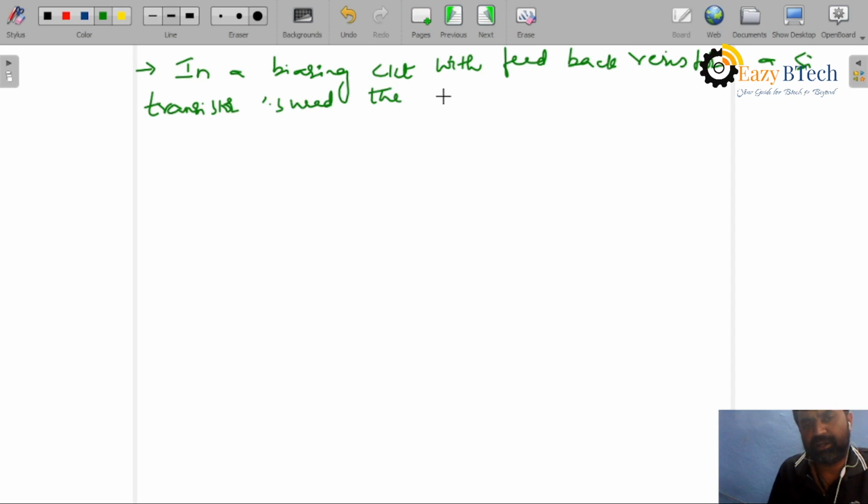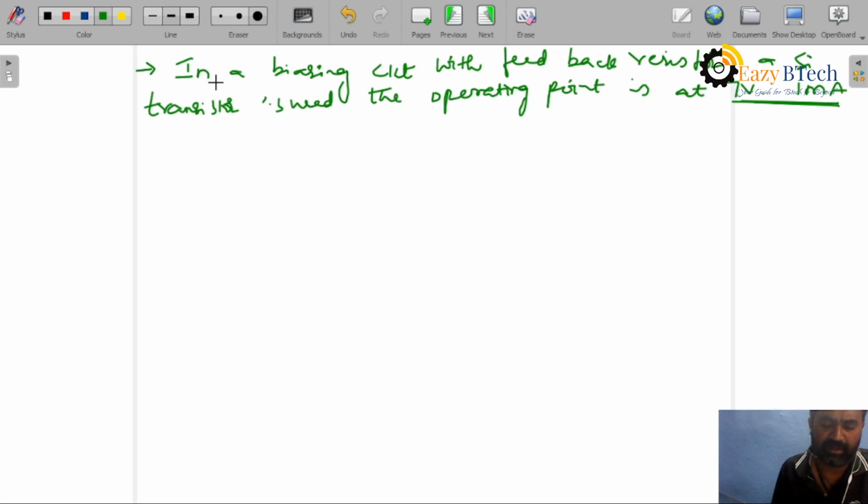The operating point is at 7 volts, 1 milliampere. VCC is equal to 12 volts.